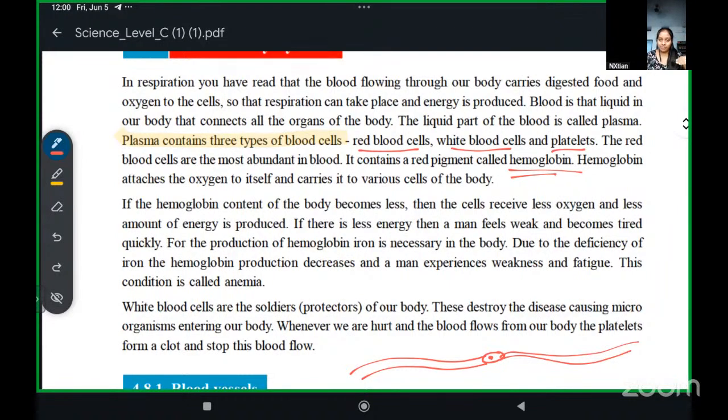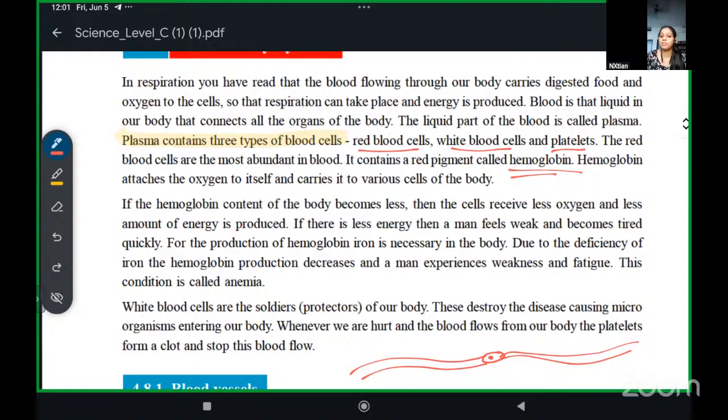The lower level of hemoglobin is related to weakness because oxygen attaches itself to hemoglobin and is then transported to our body. When hemoglobin levels become low, our cells do not get the oxygen that they need, and the food cannot react with the oxygen because it is not reaching the cells.